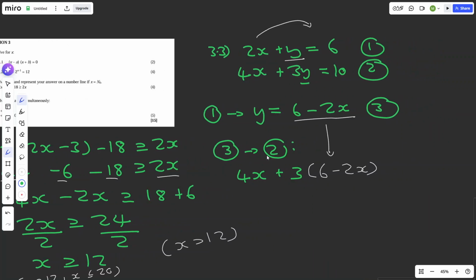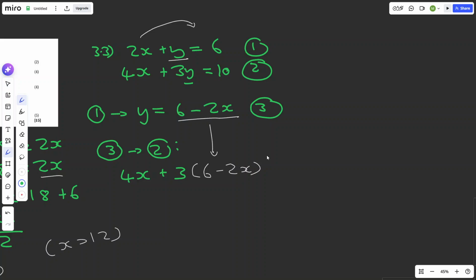And then we equate it to 10. Now here we can just multiply the terms out and solve for x. So we'll have 4x plus 3 times 6 is 18, minus 3 times 2x is minus 6x.